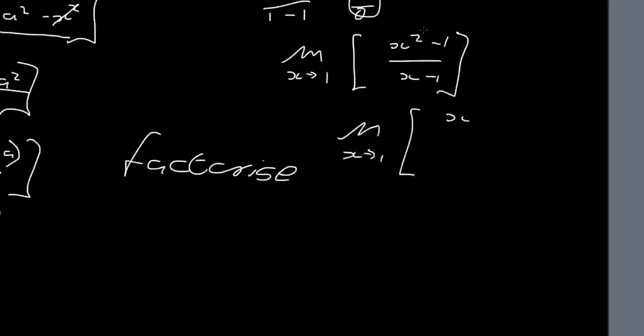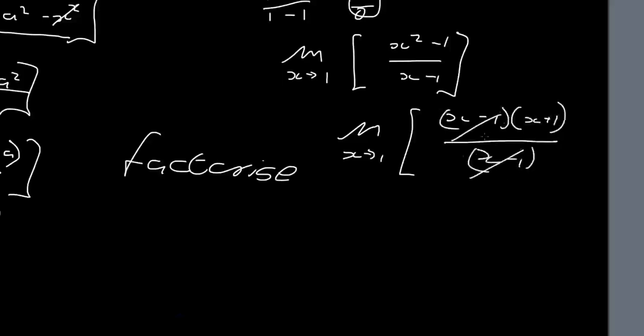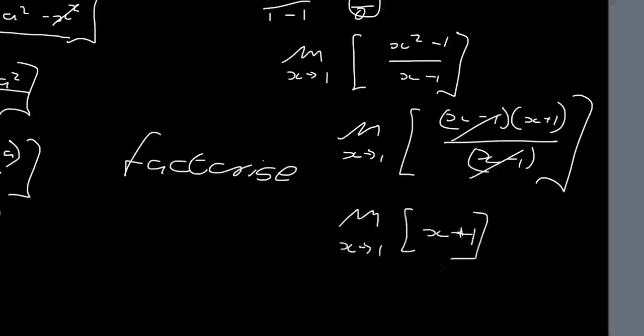That is a difference of 2 squares, so we factorize: x minus 1, x plus 1 over x minus 1. That cancels with that, and we're left with the limit as x tends to 1 of x plus 1, and that is equal to 2. And there you have it, you've solved your limit.